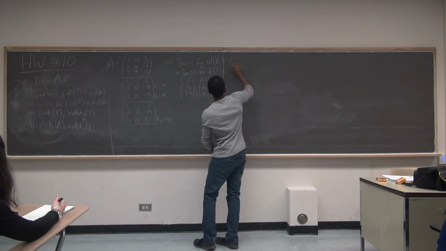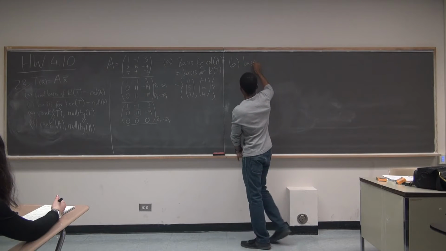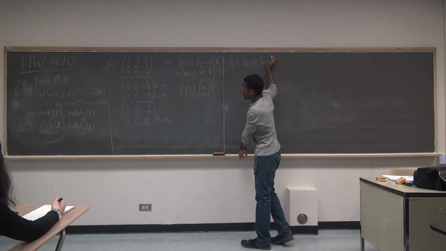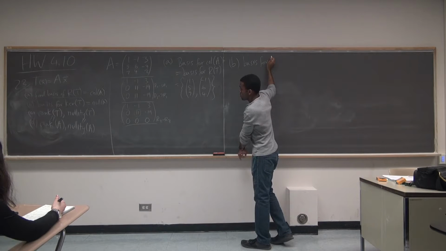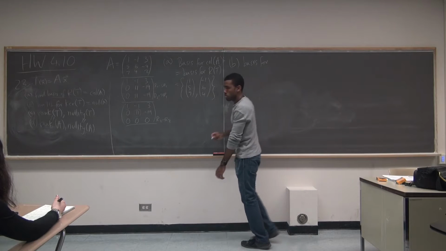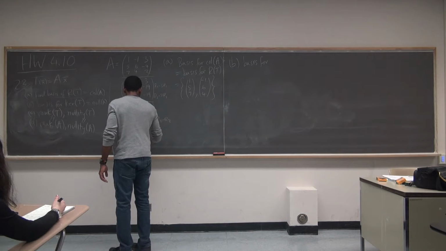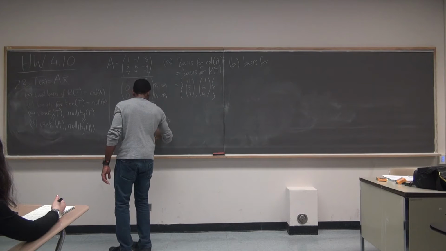Part B. How about the basis for the null space? Professor, we have 11 there, or can we turn 11 into a pivot? Yeah, you just divide by 11. It wouldn't make a difference.